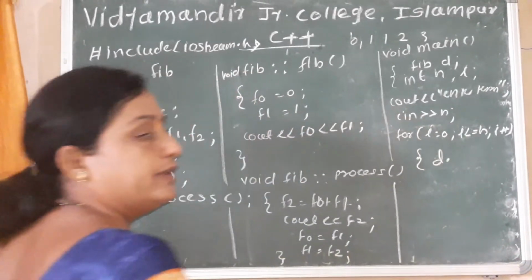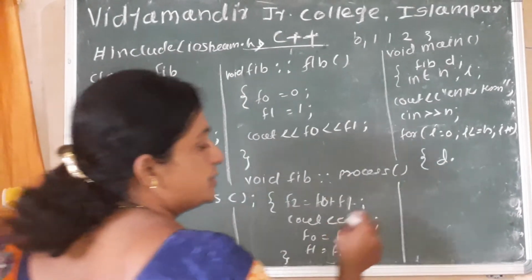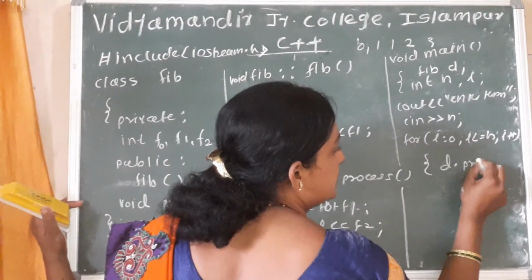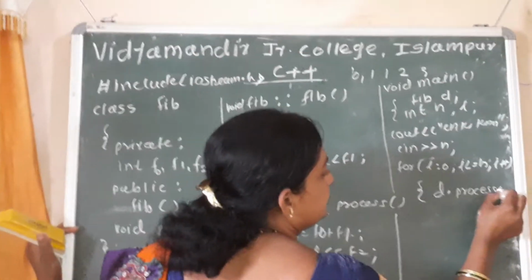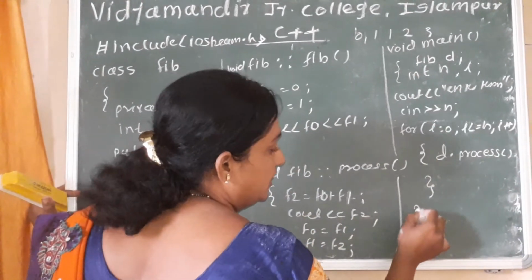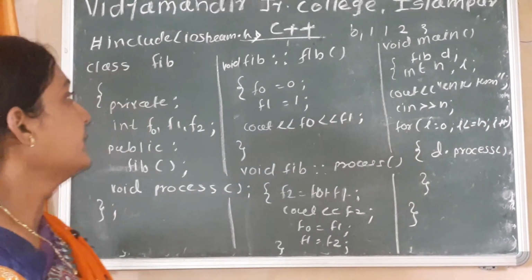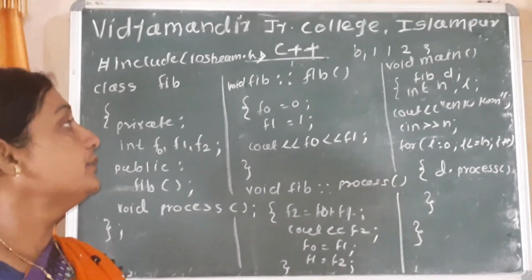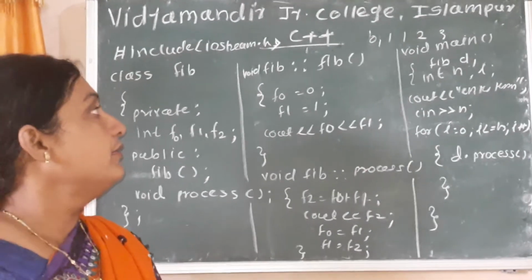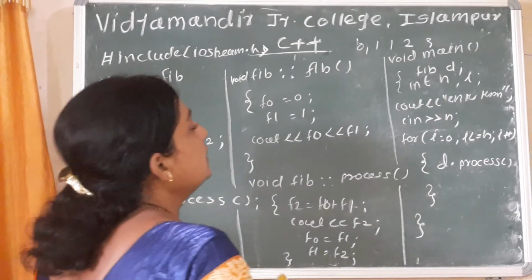How do we access the function? Object name and function name: D dot process. Here is the closing curly bracket of the for loop, and here is the closing curly bracket of our main program. That is the program of the Fibonacci series of n terms using the constructor.